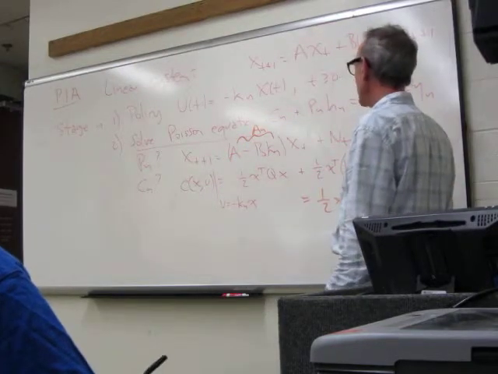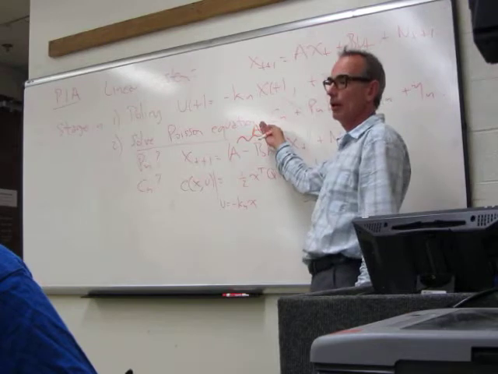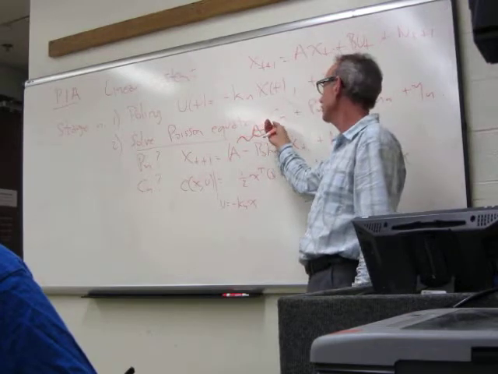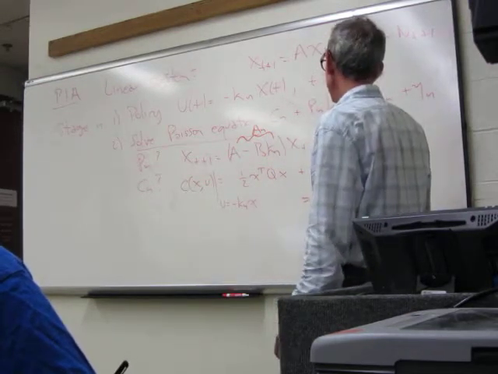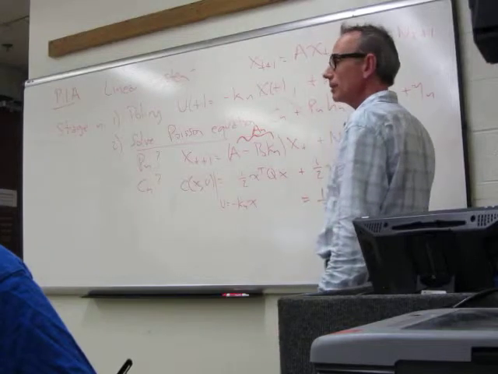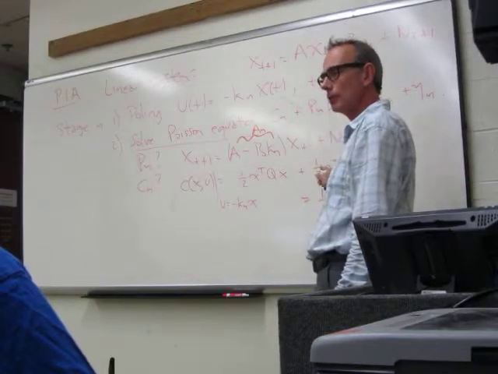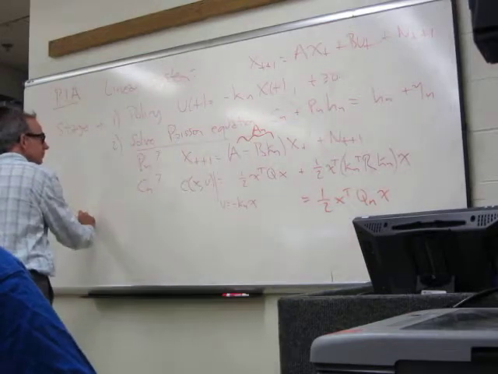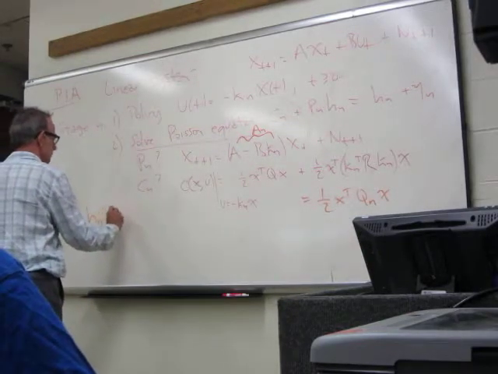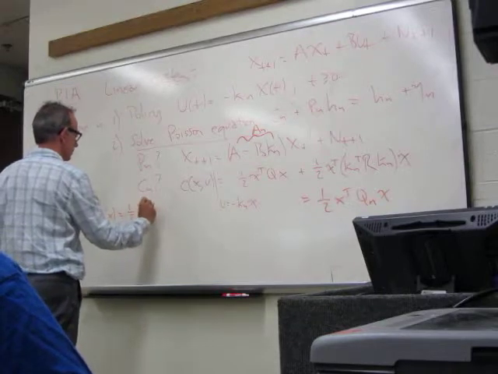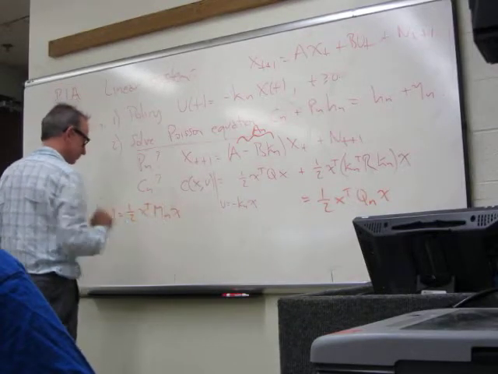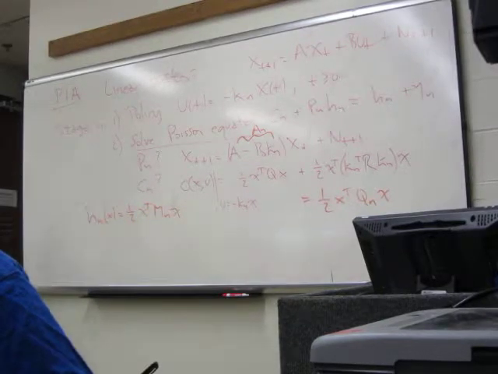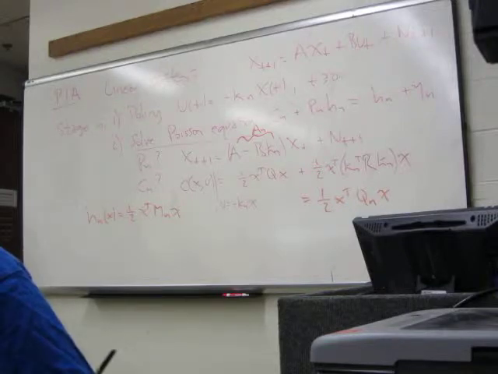So for Poisson's equation, we have an uncontrolled model with some matrix An, and we have a new quadratic cost. And we saw that the solution to Poisson's equation was the Lyapunov equation. So Hn is equal to that, where Mn solves the Lyapunov equation.